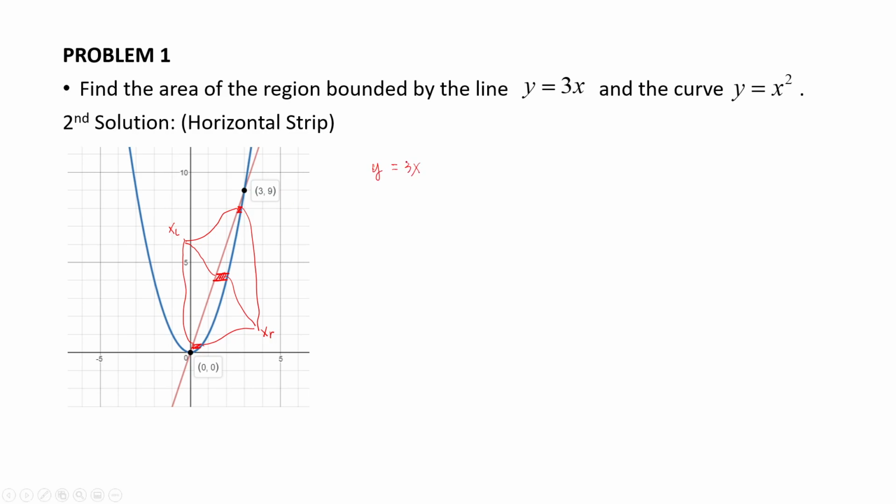So we're going to express it in terms of x. Divide everything by 3. So you're going to have y over 3 is equal to x. And again, this one becomes x left equals y over 3. The sub L is just a representation that it's the left part of the graph. Same goes for your y top and y bottom.